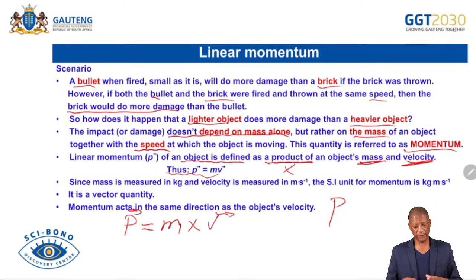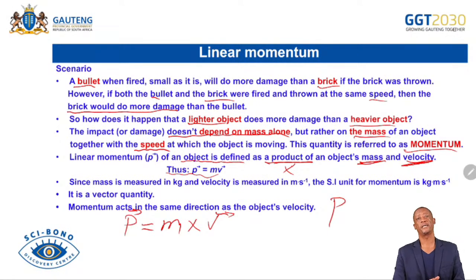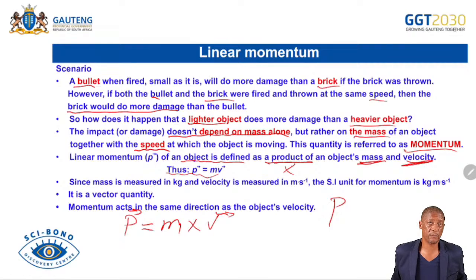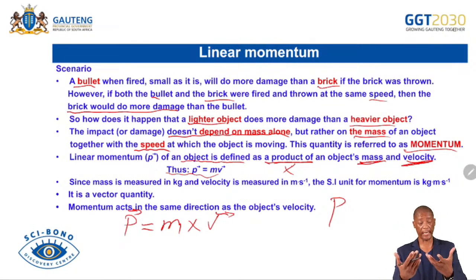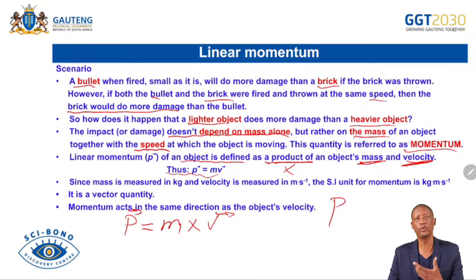Now, in other words, if they say let us calculate momentum, for an example, they are giving us a mass of 20 kg, and they are giving us the velocity of 2 meters per second, then we will be able to calculate momentum, because we will multiply the mass with the velocity, then we get momentum.